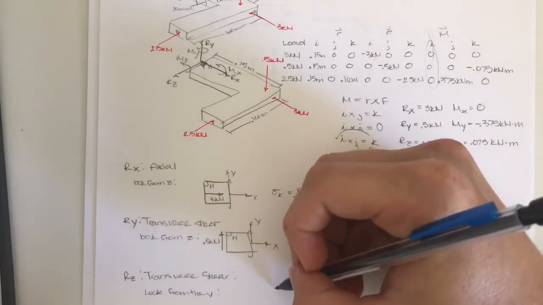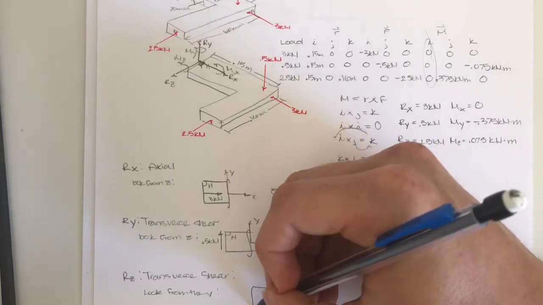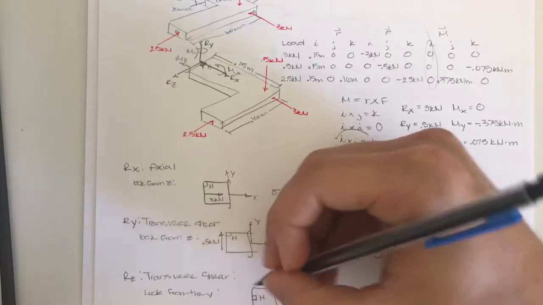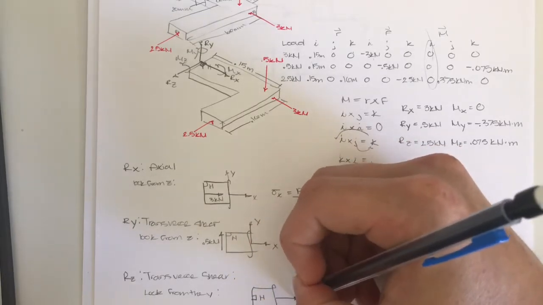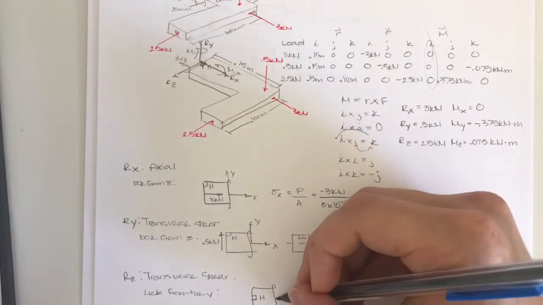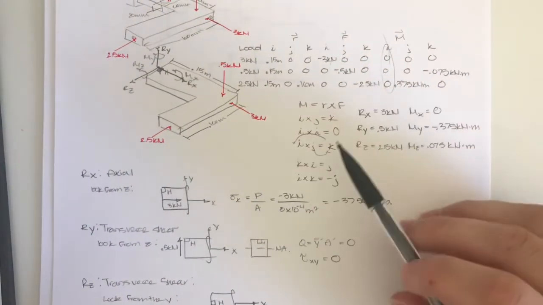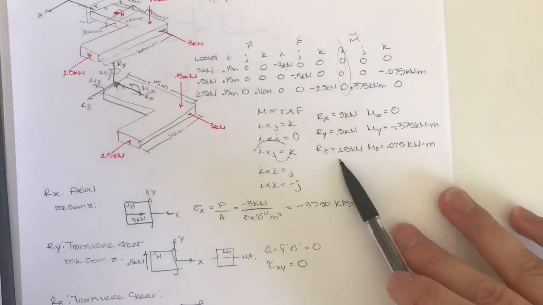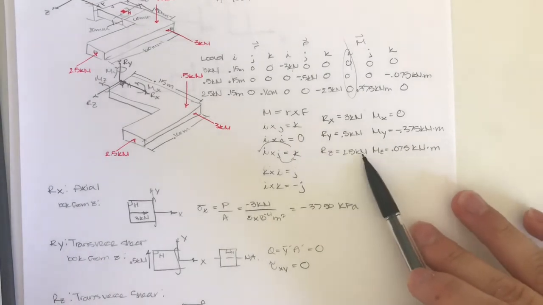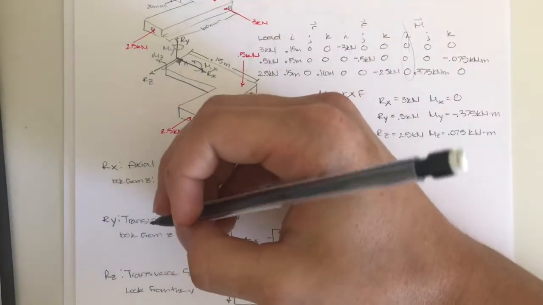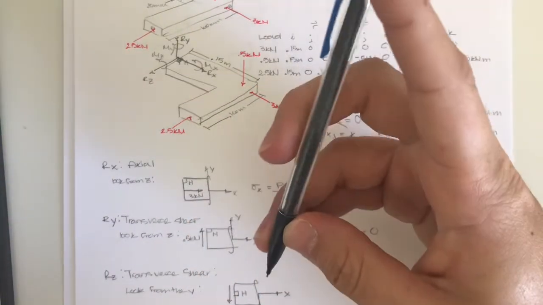So this cut is going to look like this, with H being right here. And we're going to have positive X direction this way and the positive Z direction this way. So we know that right here we have a 2.5 kilonewton load, so that's positive. So that's going to be downward.